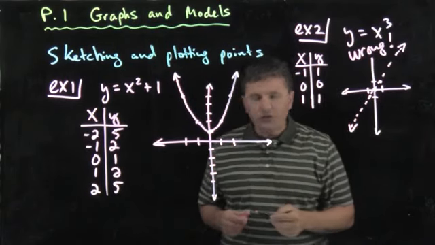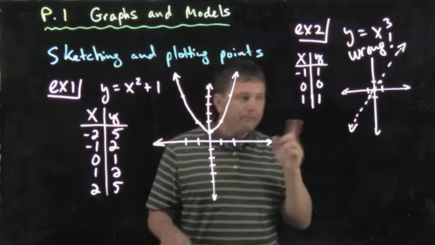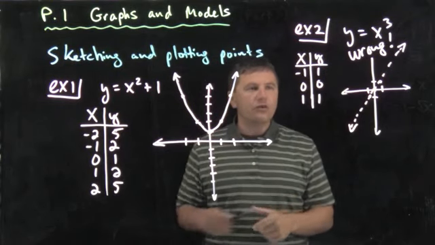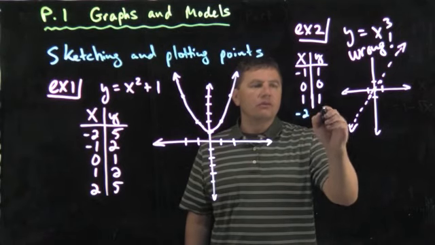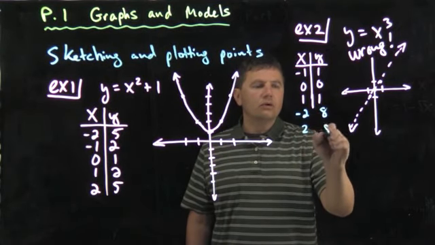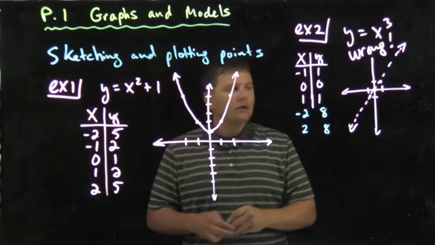So we can quickly fix this by realizing that if I add a few points, let's just add 2 more: -2, that would give us -8, and 2, that would give us 8.